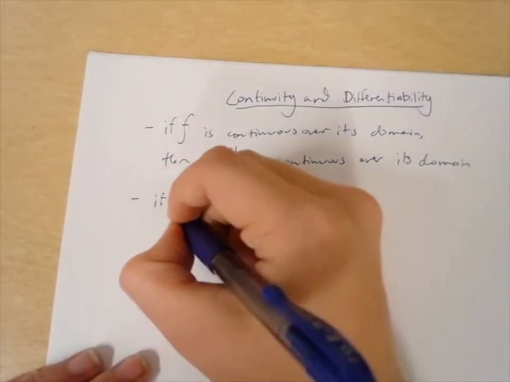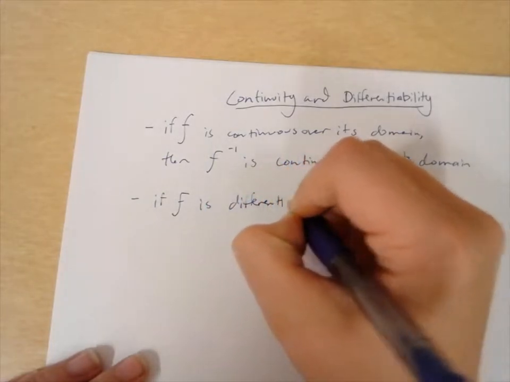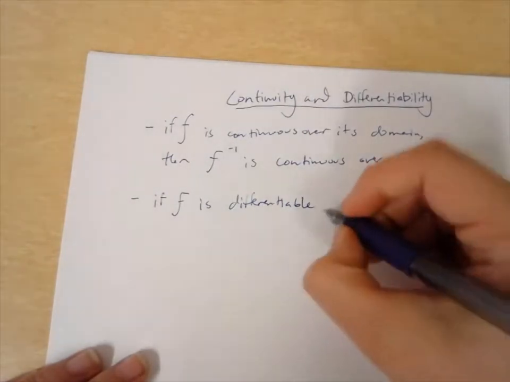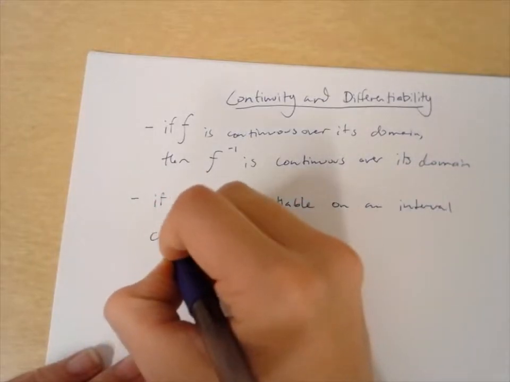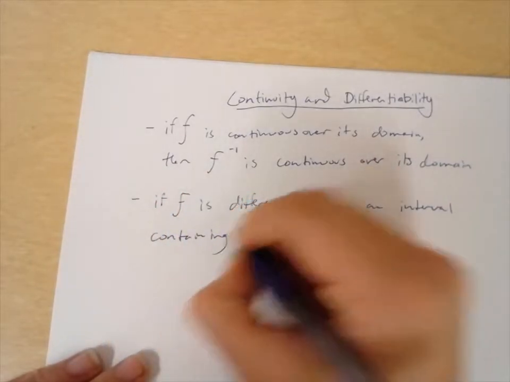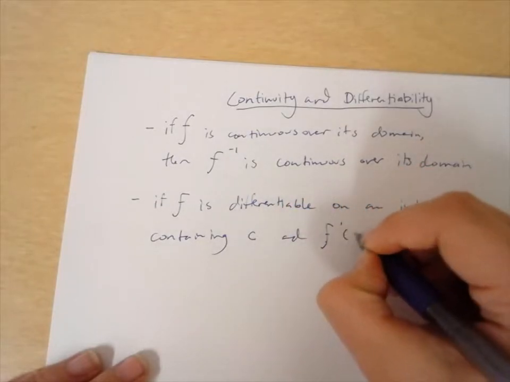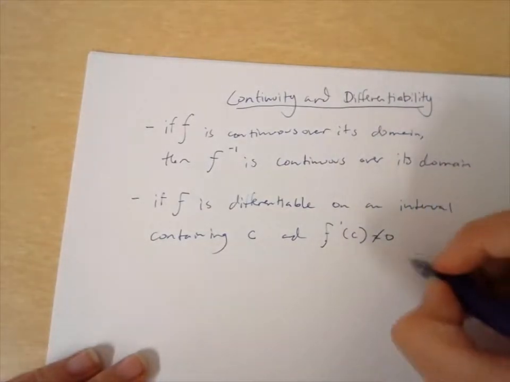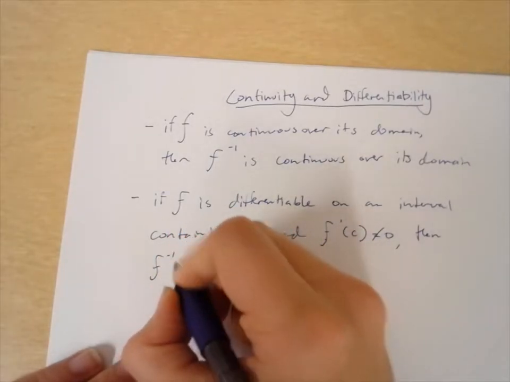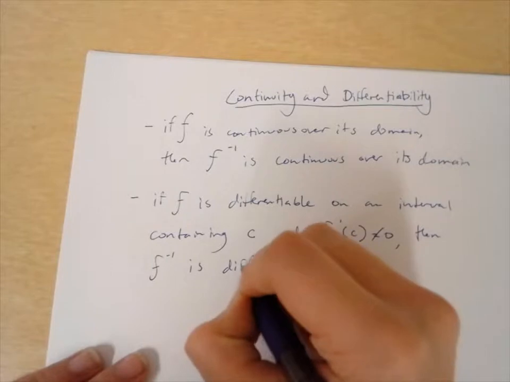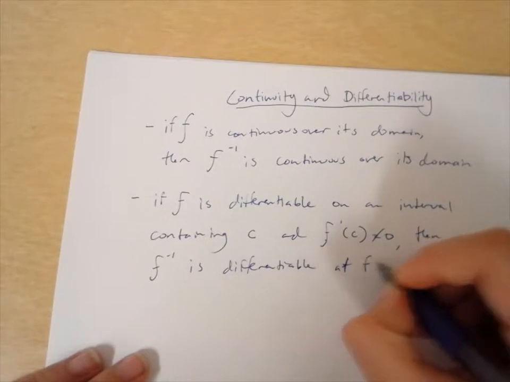If f is differentiable on an interval containing c and f prime of c is not equal to 0, then f to the negative 1, the inverse, is differentiable at f of c.